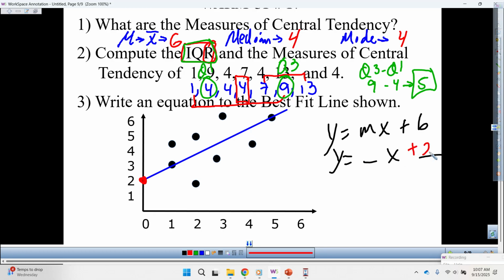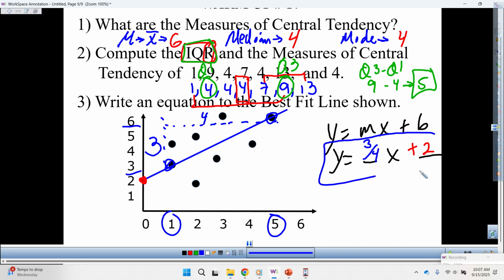At positive 2. I need a slope, so I'm going from here to up here. So how many steps up? That's 3. From there, I need to make a right turn, and I go from 1 all the way to 5, that means that's 4 steps, so my slope is 3 over 4, and that's my equation.